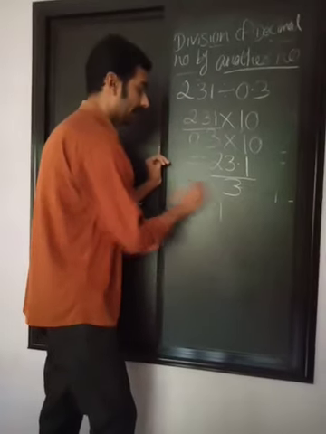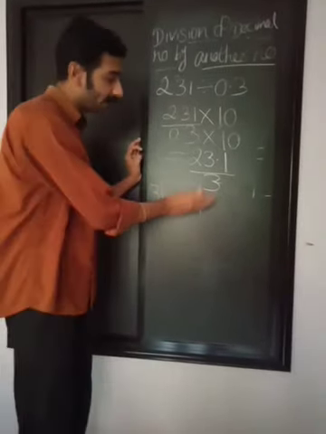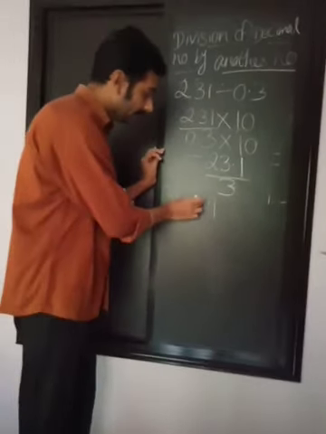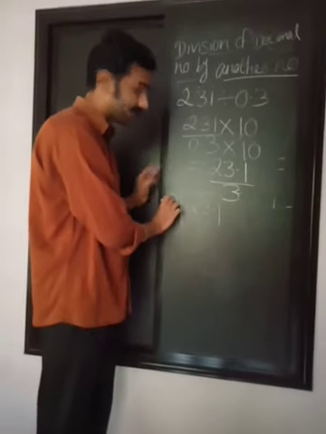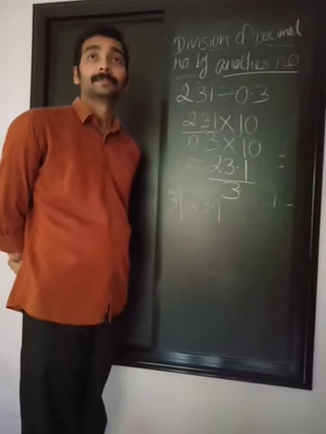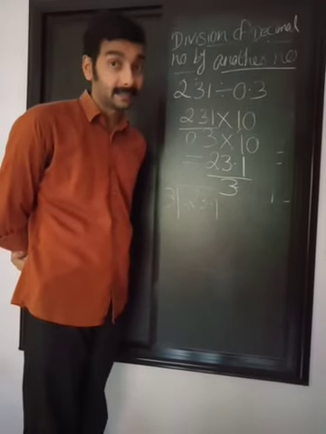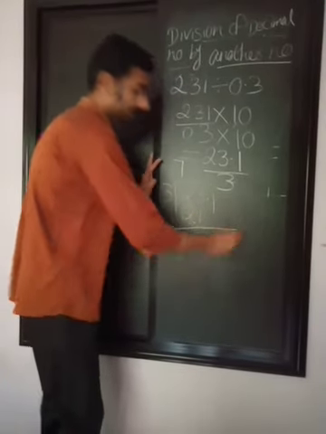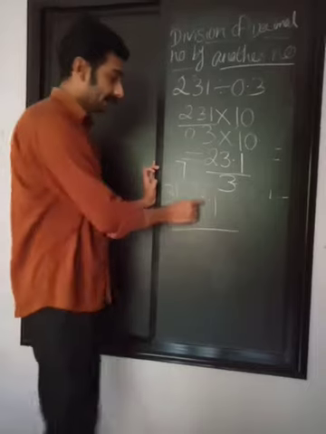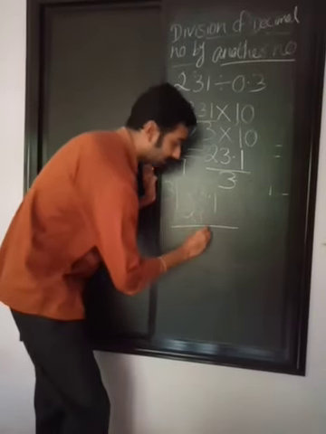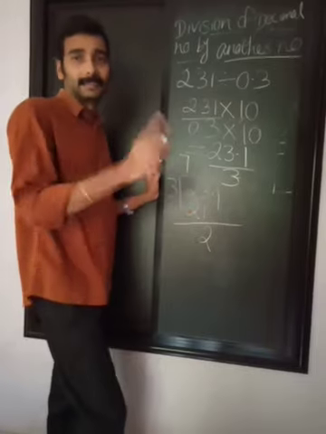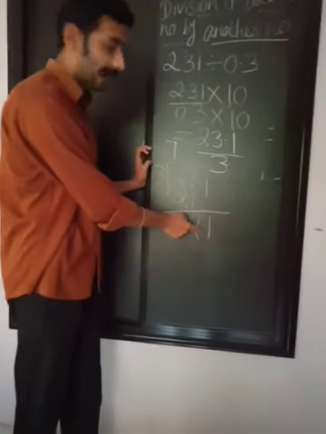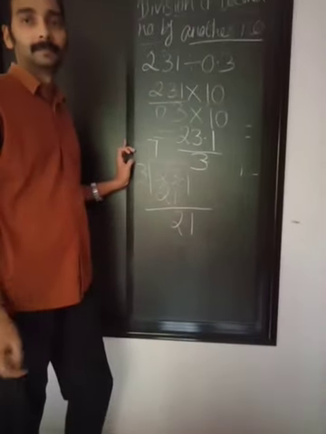Then we divide 23.1 by 3. First you avoid the decimal. Then the same as division. This one is 23 and this one is 3. How many times? 7 into 3 is 21. Then 3 minus 1 is 2. 2 minus 2 is 0. And put 1 below. How many times? 3 in 21? 7 times.